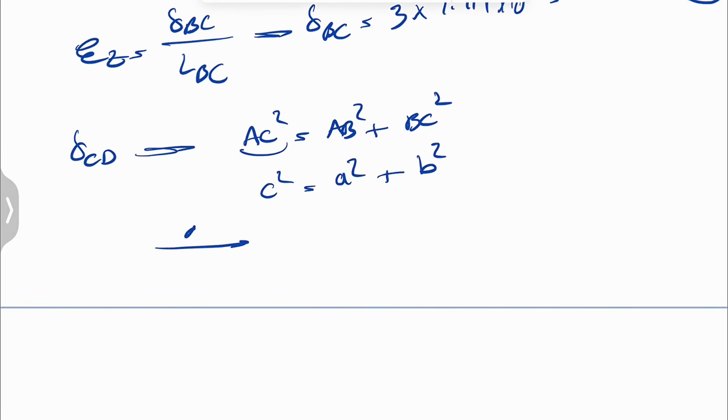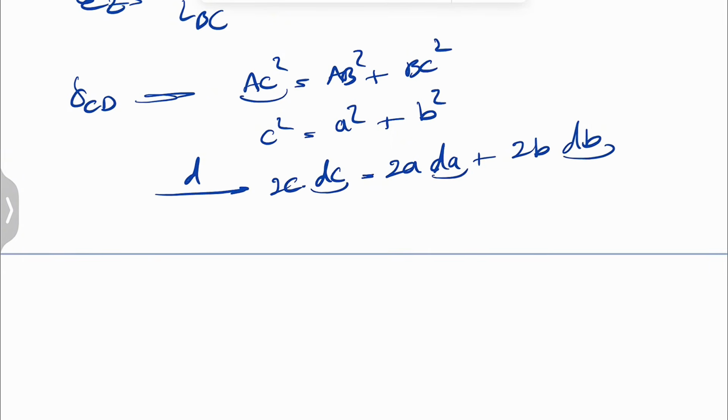Now if we take the derivative of each side, on the left side we get 2C dC, equal to 2A dA plus 2B dB, and these represent the change of length in each of those sides. So dC is delta AC, dA is delta AB, and dB is delta BC. And we can cancel out all the 2's.